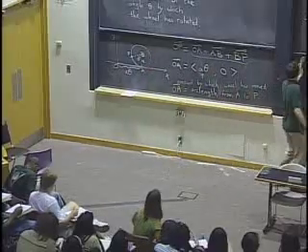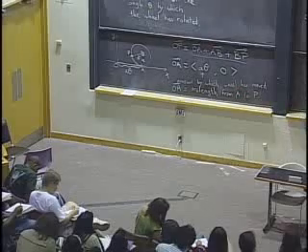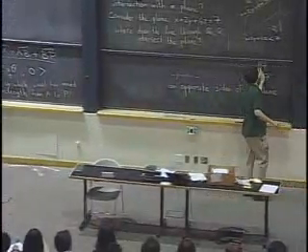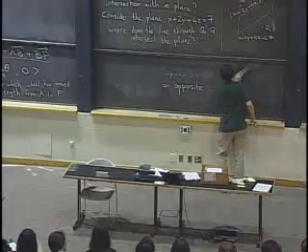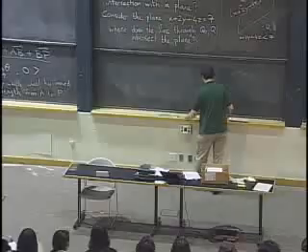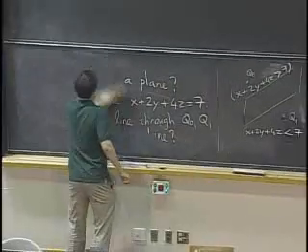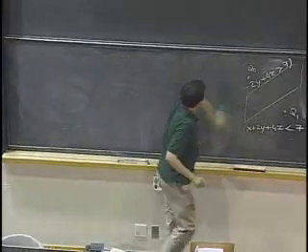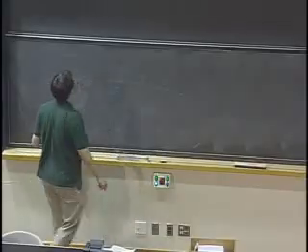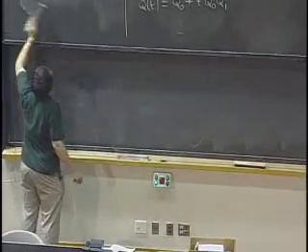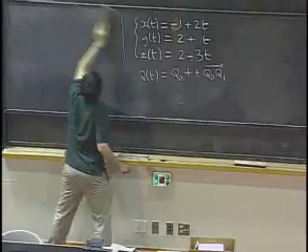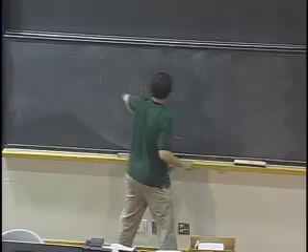Now, let's think about vector AB and vector BP. Okay, so AB is pretty easy, right?